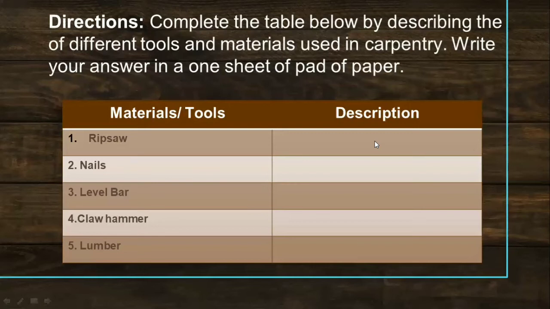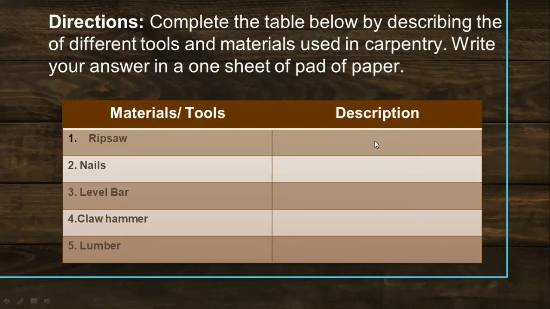Okay, next we have the label bar. What is label bar? Anyone? It is used for? You could answer in a vernacular, class. Yes, level bar is a straight level wherein it measures to get the level in order nga mas straight.